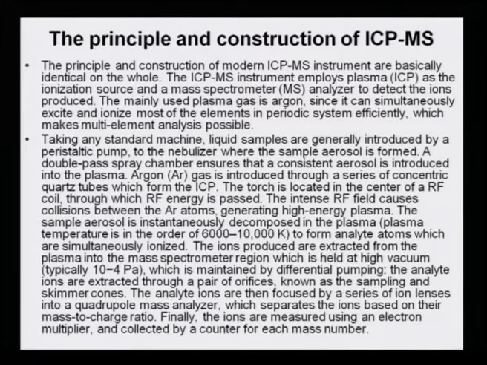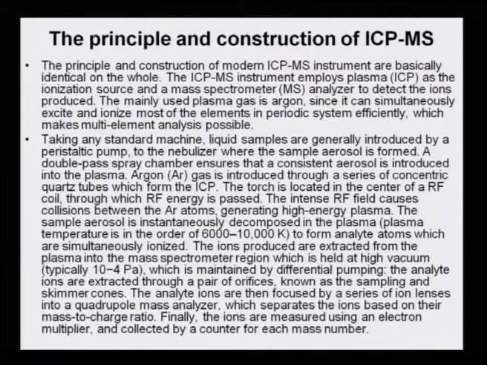The analyte ions are then focused by a series of ion lenses into the quadrupole mass analyzer, which separates the ions based on their mass to charge ratio. Finally, the ions are measured using an electron multiplier and collected by a counter for each mass number.